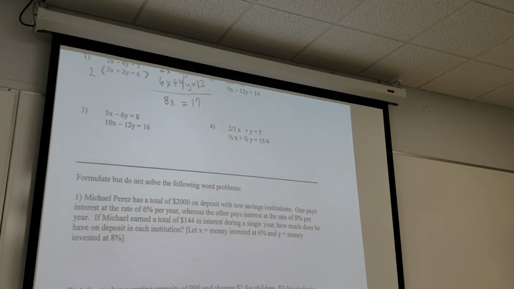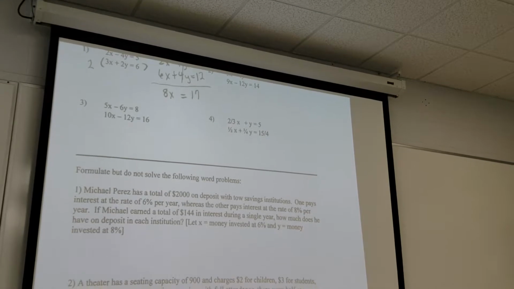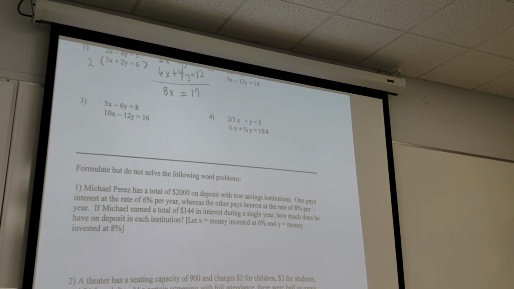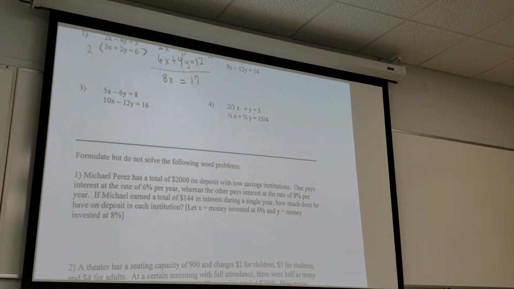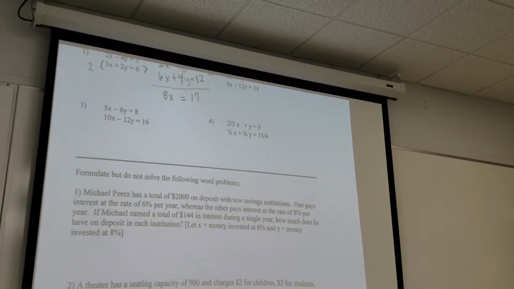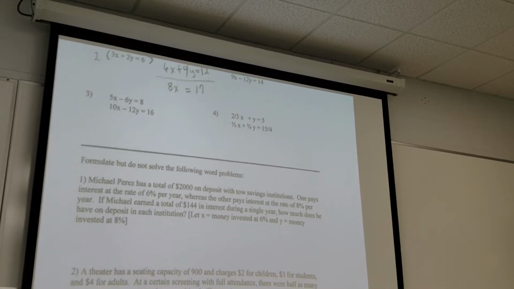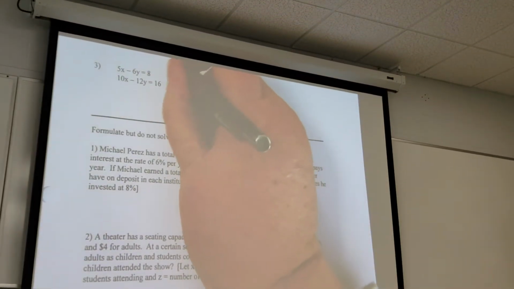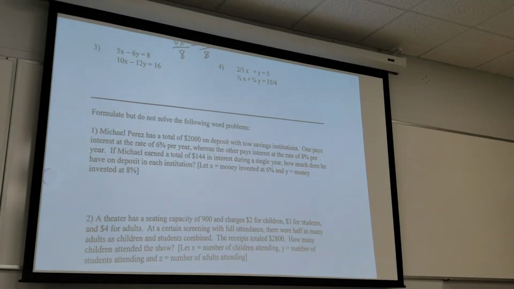I don't care if it's a whole number. All I care is that it's a number. It can be a fraction, it can be decimal. Just because we've had whole numbers, that's just to make it work nice. Most of them do not work nice. So, if I divide by 8, I know this is going to have one unique solution.